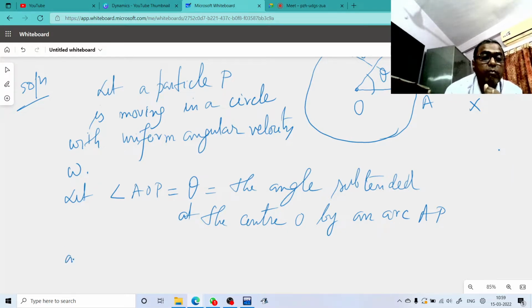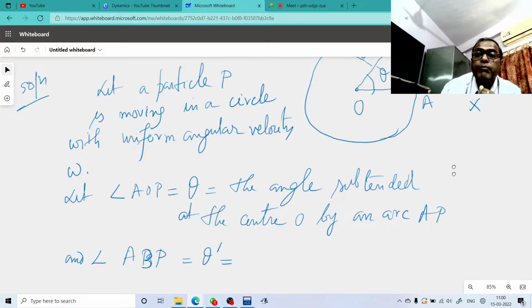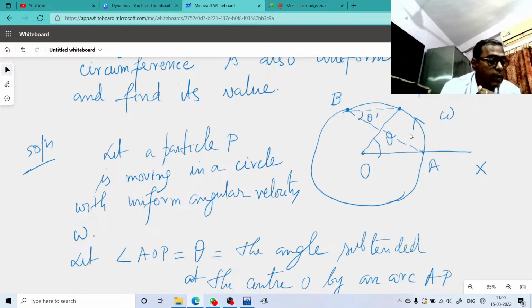And let angle ABP equal to theta dash. See the figure, angle ABP. This angle is theta dash.